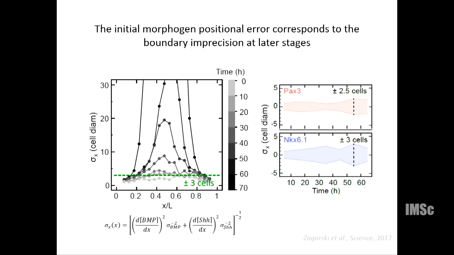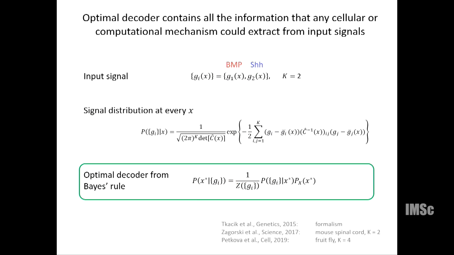So we asked whether this is just coincidence, or maybe the cells are also doing this optimal decoding. And we tried to explore this framework. This paper also, Gasper is on that one, using just two morphogen signals, say BMP and Sonic hedgehog.